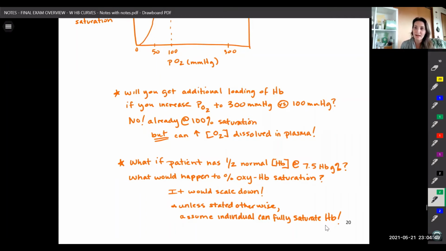And so during that transit time, they don't have the normal volume of blood coming to the lungs. Thus they don't have the normal amount of plasma and hemoglobin available for gas exchange to occur. And so they're going to have a lower level of hemoglobin saturation because of that.